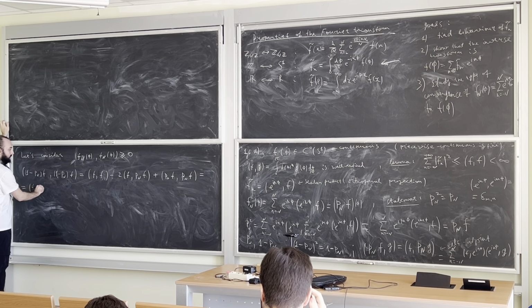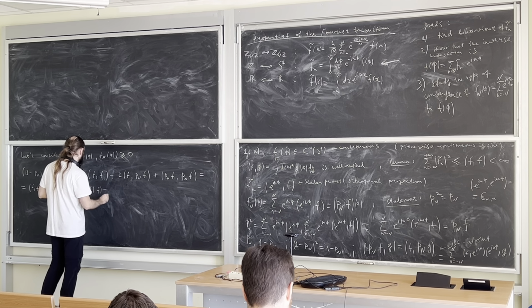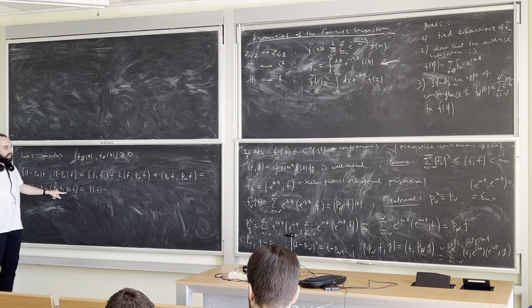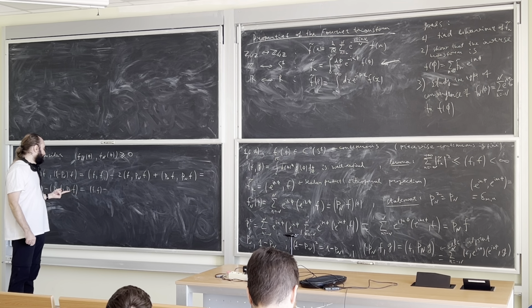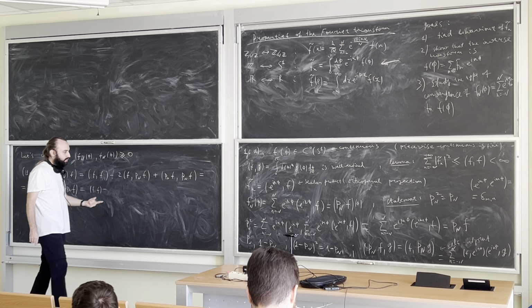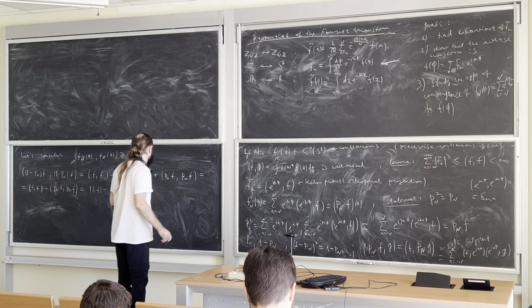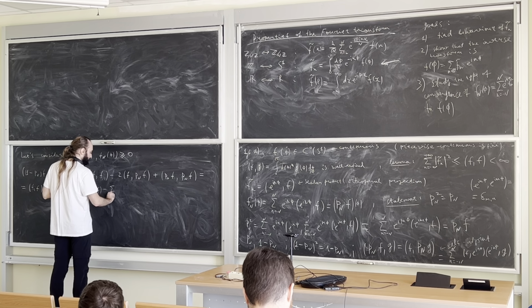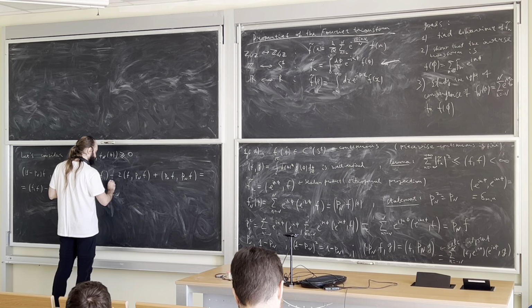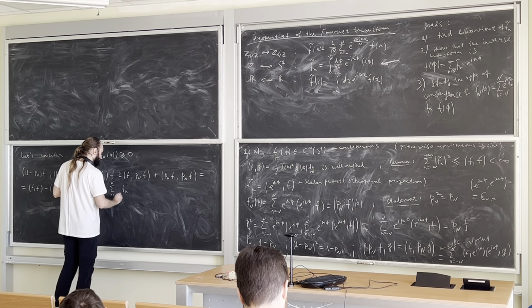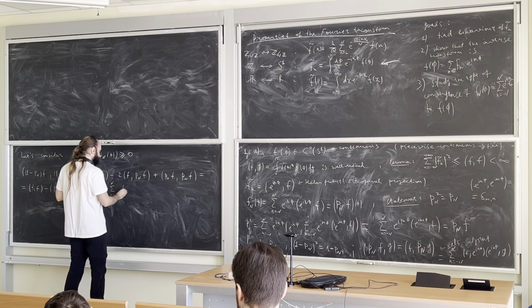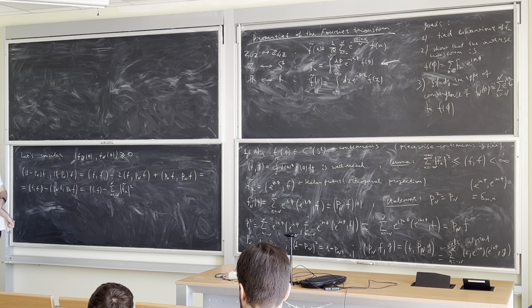So it is the scalar product of f with f minus this scalar product, which can be written explicitly because the projector acting on f is given by a finite sum. So we can write that it is a sum from n equals minus n to n of the absolute value of f_n tilde squared. Are there any questions about this?